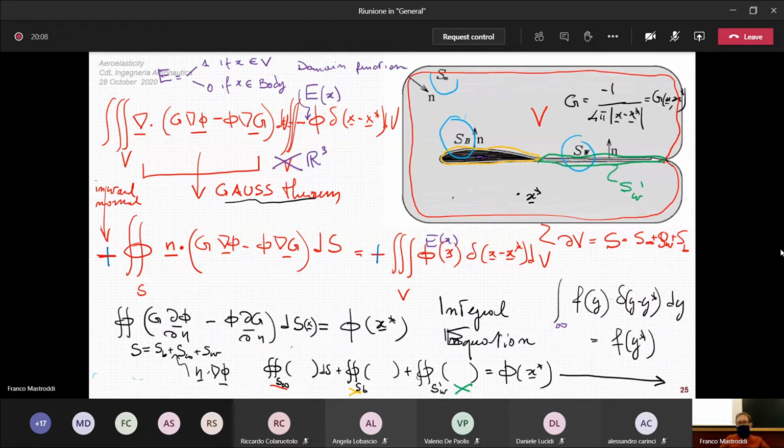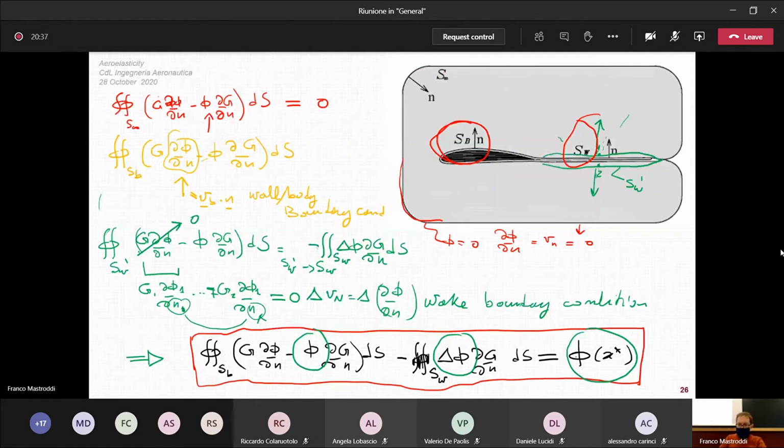In the sense that when x belongs to a part of the domain, including the fluid volume, it is 1. It's 0 if you have body. Okay. The set union operation between these two domains is R3. Okay, and so here we have E, and at the end of the story we have here E star multiplied x in x star.